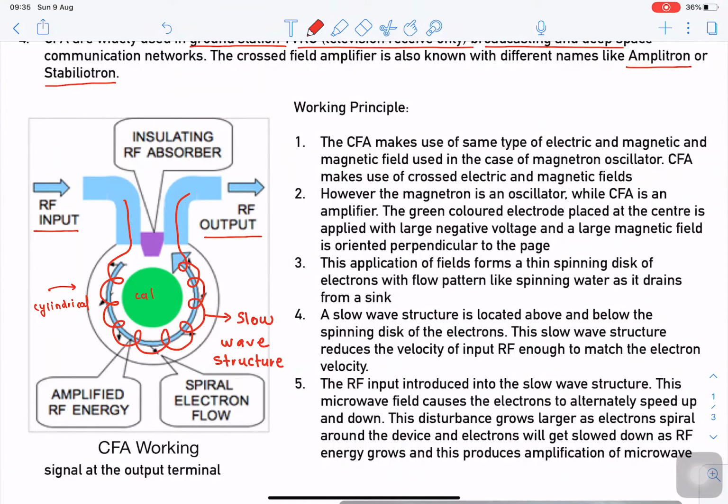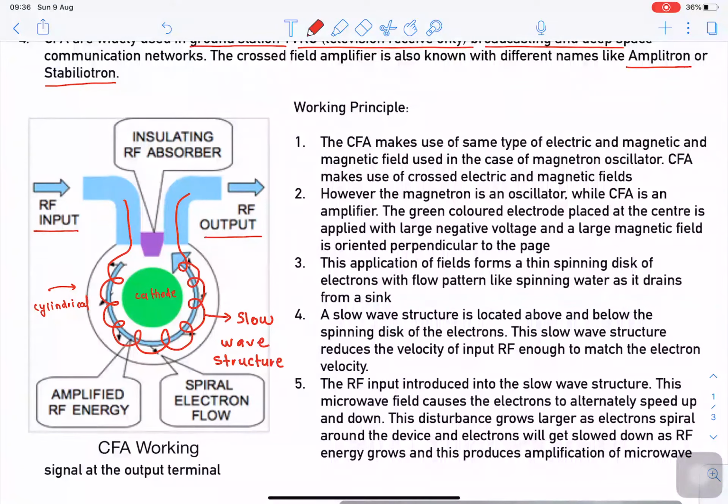This green circle at the center is the cathode. The cathode is placed at the center and it is surrounded by a cylindrical cavity, right? In that cylindrical cavity we are going to place a slow wave structure. This red colored coil, whatever you see over here, is going to act as a slow wave structure.